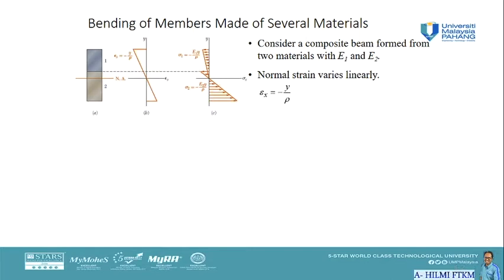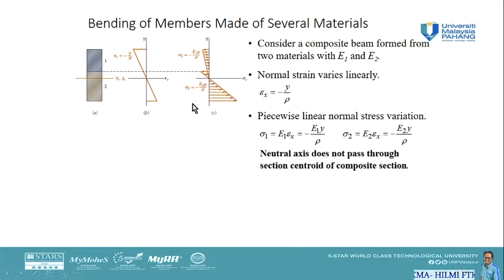Since the modulus of elasticity of the first material is given by E1 and the second material by E2, both values will be different. Therefore, the equation for the normal stress for each material is as follows. The stress in material 1, the upper part, sigma 1, is equal to E1 times epsilon x.